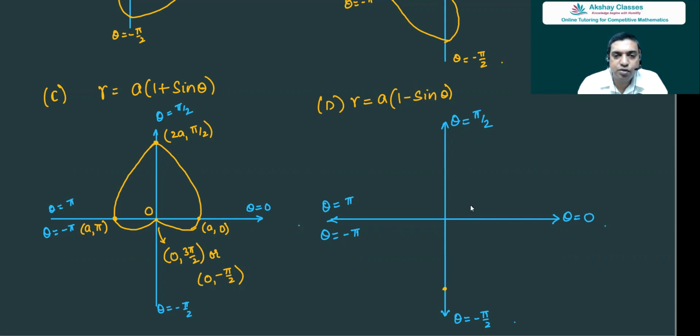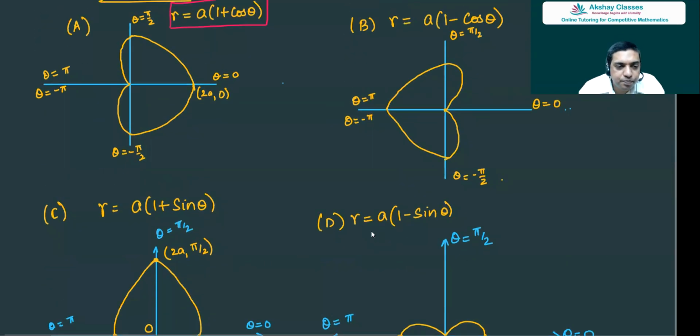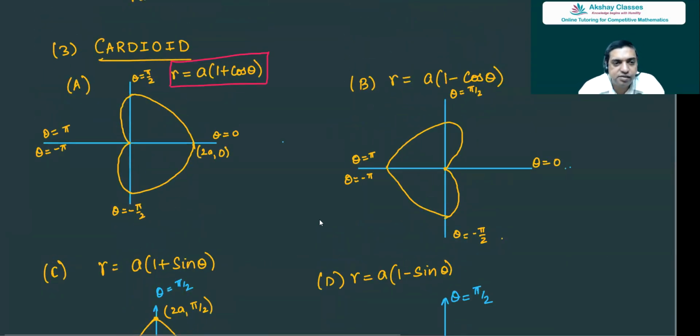And when theta equal to 0 and theta equal to pi or minus pi, R will be equal to A. And when theta equal to pi by 2, you get R as 0. So this will be the shape of the curve.